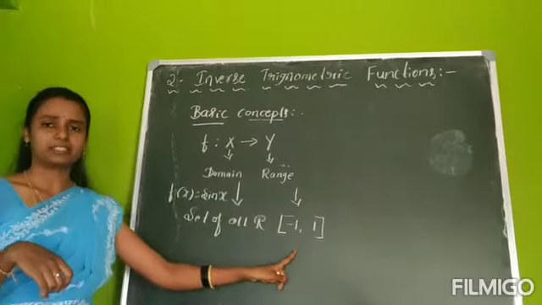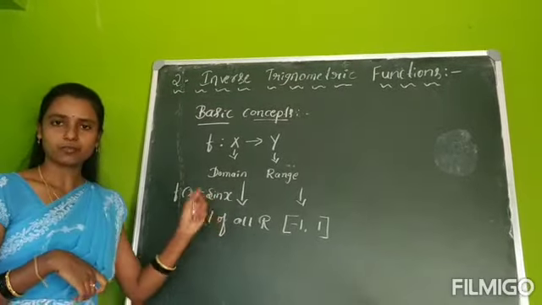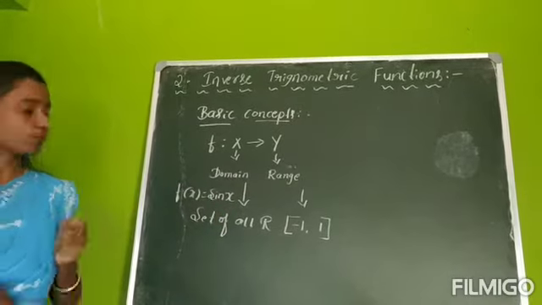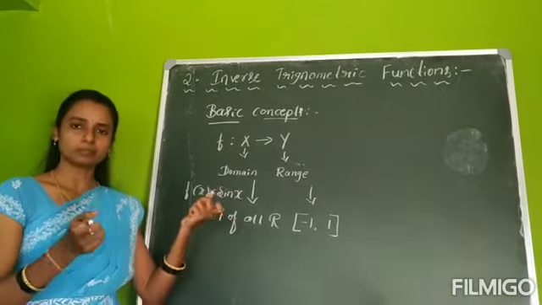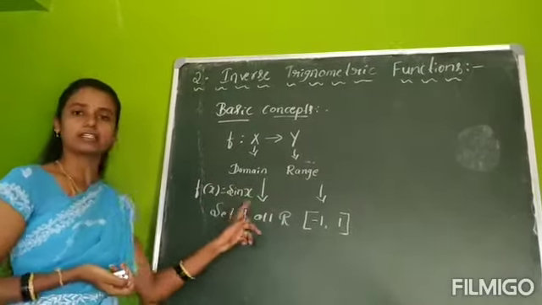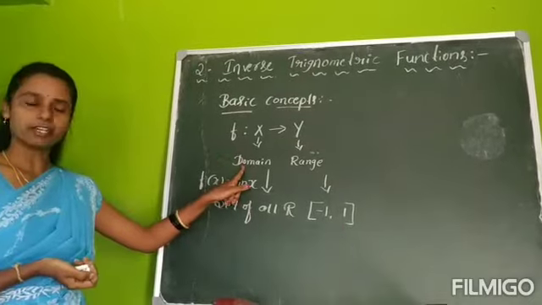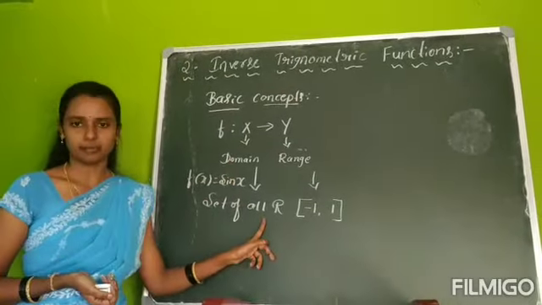Why this is the range, you can observe that we have sine values from 0 to 360 degrees, where the values of sine lie between 1 and minus 1. So I can take the range of sine as the closed interval minus 1 to 1, whereas the domain is the set of all real numbers.